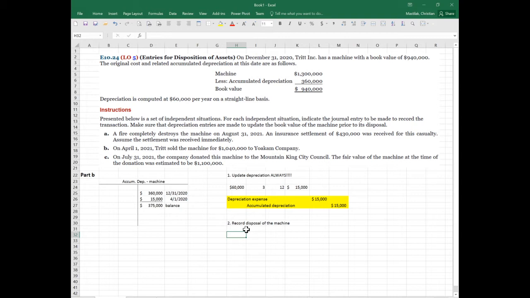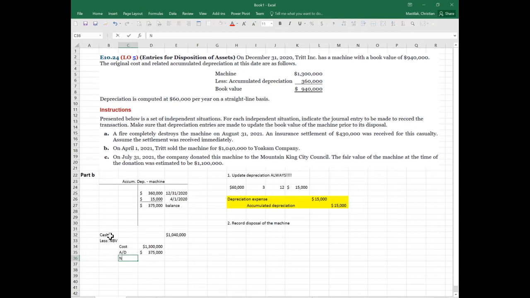So on this disposal of the machine, what was our consideration received? So we got cash of $1,040,000. We've got to subtract our net book value. So what's our net book value? Our cost is $1.3 million, and our accumulated depreciation is $375,000.